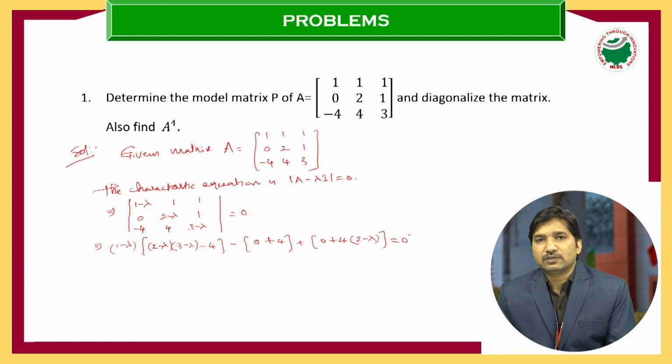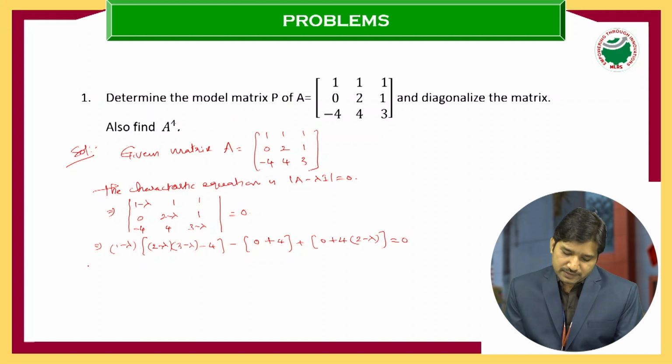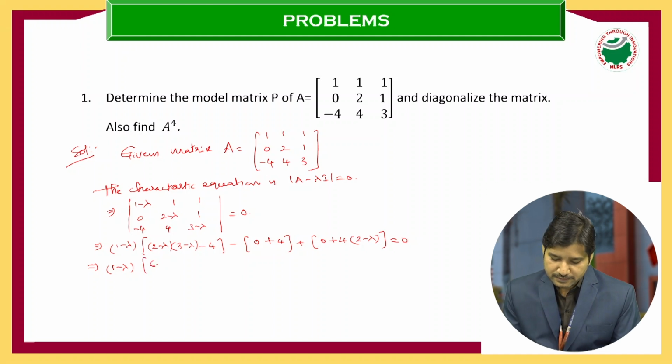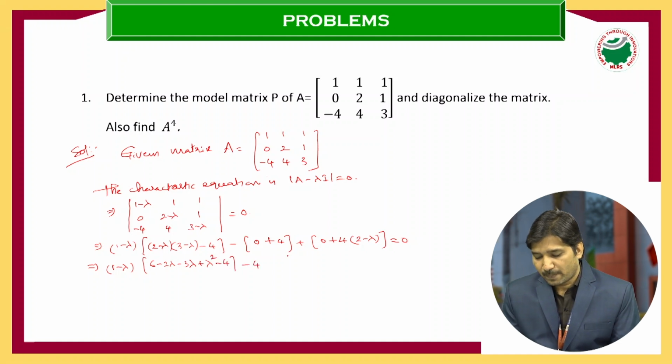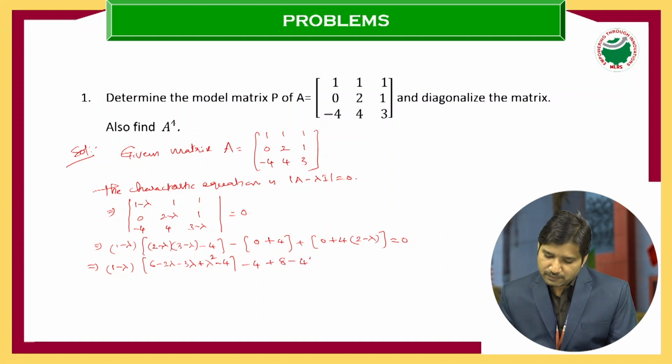Solving the equation, that is 1 minus lambda into, multiplying these terms, 2 3s are 6 minus 2 lambda minus 3 lambda plus lambda square minus 4. Here simply multiplying 2 4s are 8, plus 8 minus 4 lambda equal to 0.